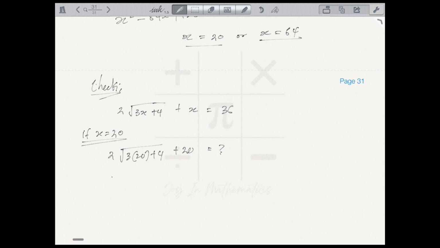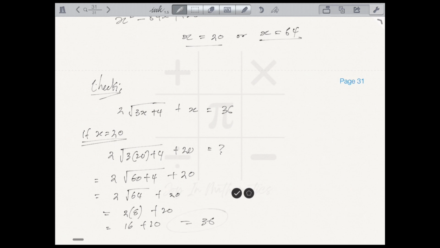That means 2 square root of 60 plus 4, plus 20, and you can say this is the square root of 64, plus 20. The square root of 64 is 8. That's 2 into 8 plus 20. 2 into 8 is 16. 16 plus 20 is equal to 36. 36 here, 36 here.